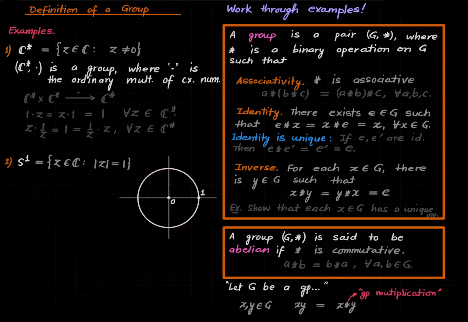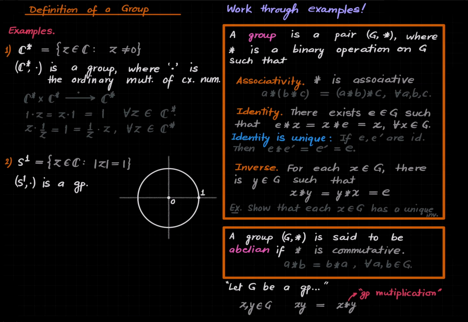So you can think of this as a subset of R2, but it is better to think of it as a subset of the complex plane, which consists precisely of those complex numbers which have magnitude 1. So it will look like a circle. And this is also a group under the usual multiplication of complex numbers. So S1 comma dot is a group where dot is the usual product of complex numbers.